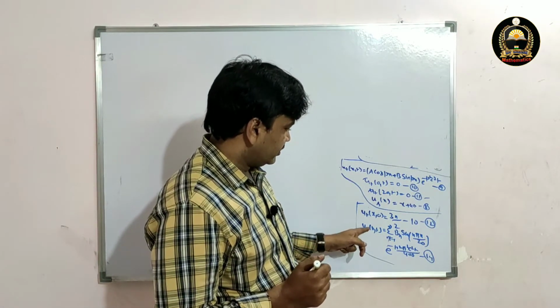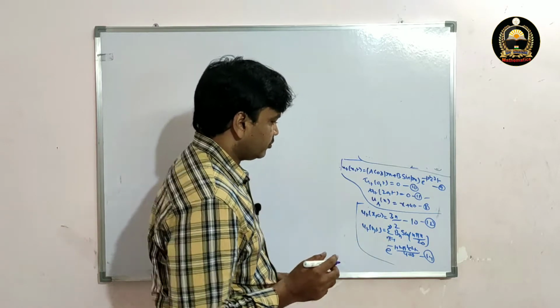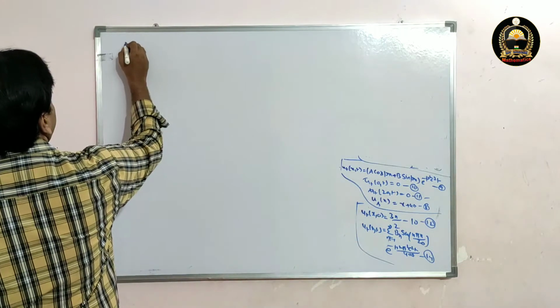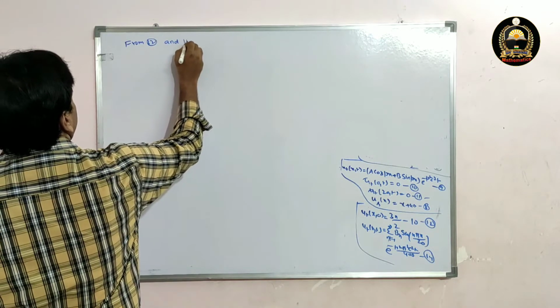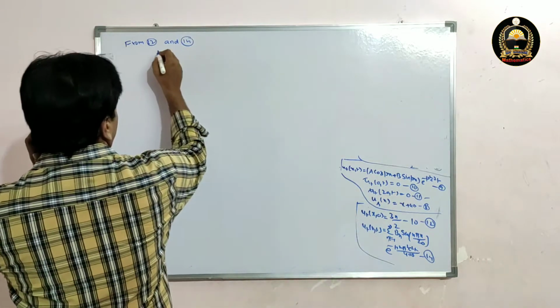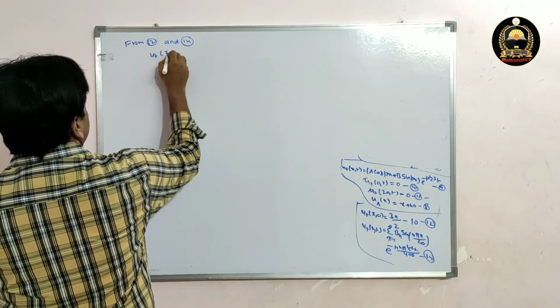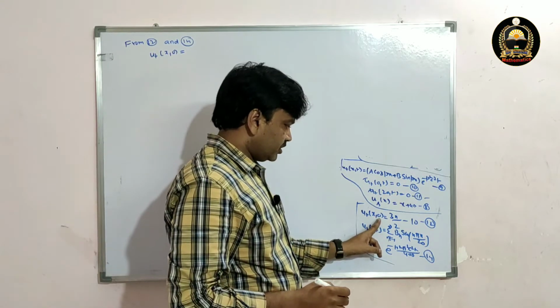See, I am using the initial conditions now, 12 and 14. From 12 and 14, what is 12 here? u of x comma 0, that means t value 0.